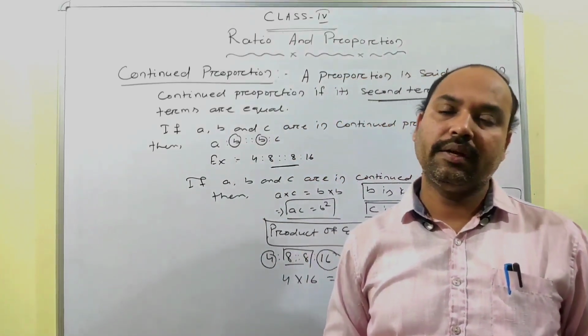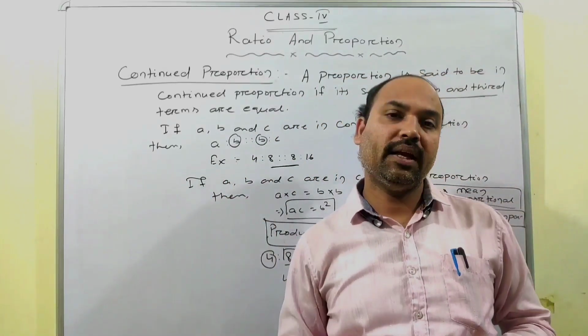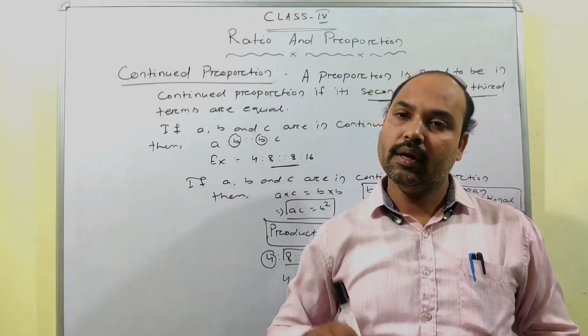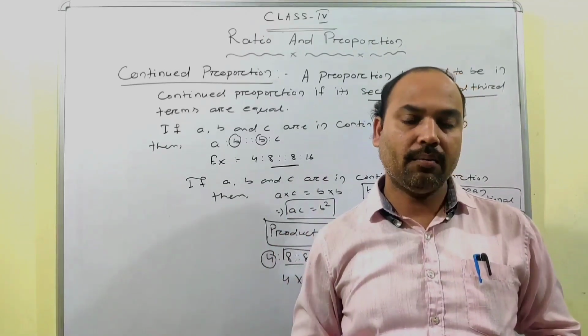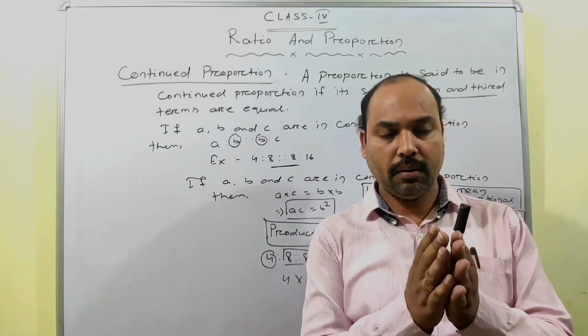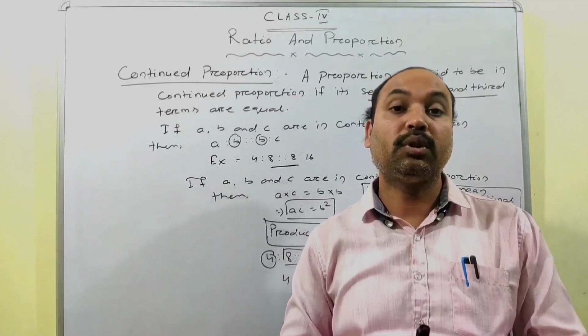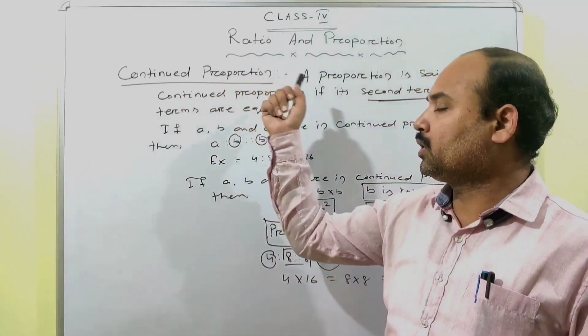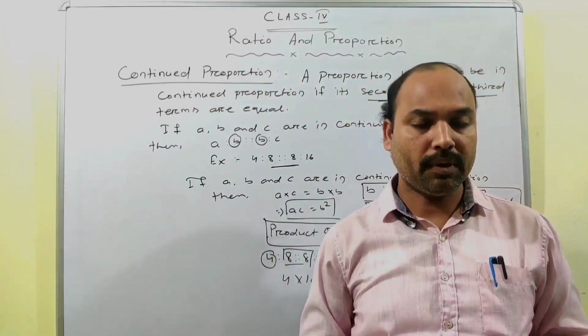The next type is continued proportion. Here three different terms are there, but in total four terms, where the second term and third term are repeated, or both are equal. Then this type of proportion is known as continued proportion.